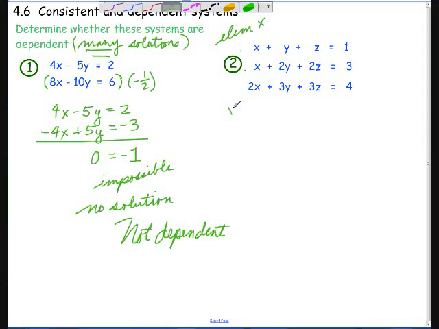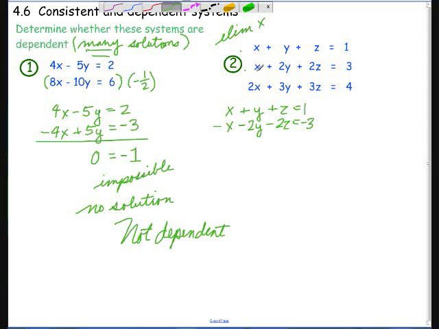Then I will have x plus y plus z equals 1, and negative x minus 2y minus 2z equals negative 3, right?